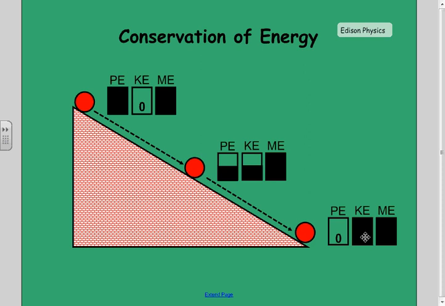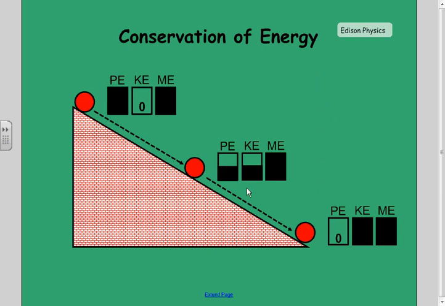Now what we would say is happening as the ball rolls down the hill is that all the potential energy that it started with at the top eventually gets transformed into kinetic energy when it reaches the bottom. We can see from the middle picture that this doesn't happen all at once, and in fact it happens gradually.